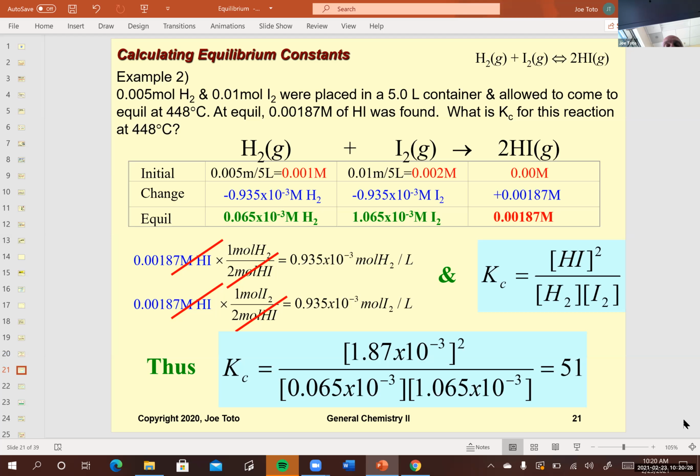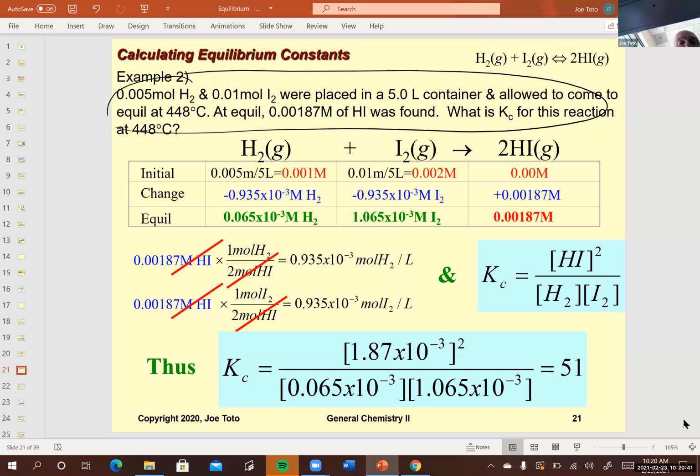All right, then just to cement this home, we mentioned this one last time too. It's another type B problem. Again, we take what's given in the problem to set up our initial conditions. So we just read the problem, calculate our initial molarities, and put them in the blocks.